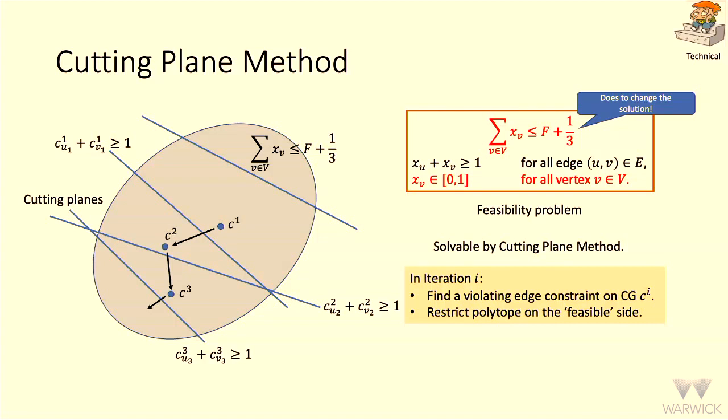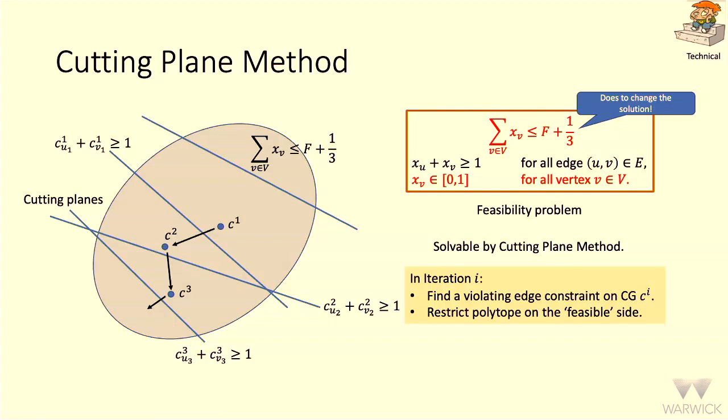These are cutting planes, and the thing to note here is that each cutting plane is just an edge constraint, which means that Alice and Bob can actually find the violating edge, because the edge is completely contained with either Alice or Bob, and just transfer the edge across. And they will be in sync in doing this cutting plane method.